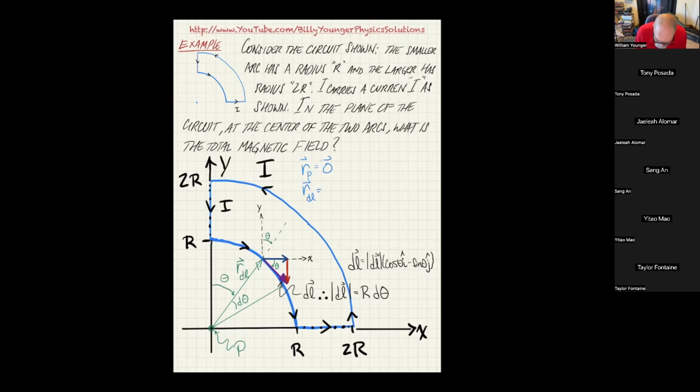Okay, well, let me help out a little bit. What we're imagining here is there exists a vector, R DL, that points from the origin to the tail of DL as drawn here in green. My contention is that R DL is this vector right here.